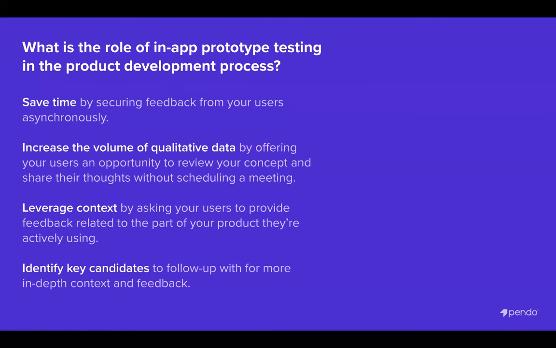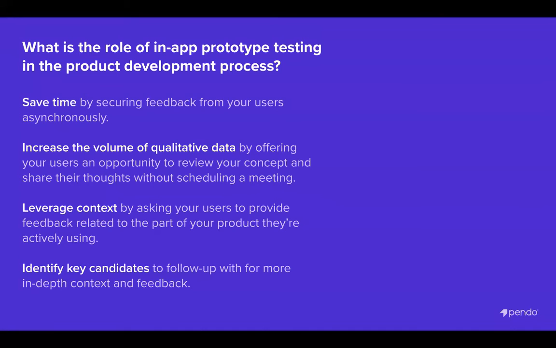And finally, we actually leverage this process to then bolster our efforts on the live interview side. So we'll usually identify some key people who care a lot based on their feedback on our in-app prototypes and follow up with them in person or on a call to talk about it more in depth.